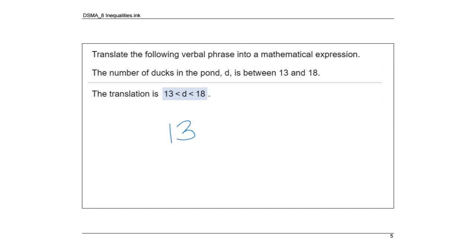So I have to use a less than sign. I do not want or equal to, because I do not want the number to be equal to 13 or 18. So we're going to use a less than sign on either end. This is one of those compound inequalities or double inequalities that we've been looking at. And again, because we don't have the word inclusive, we are only going to use less than.